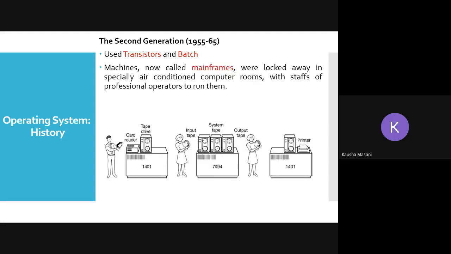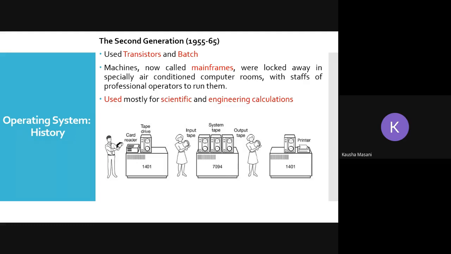Machines were now getting called mainframes, and they were now in air conditioned computer rooms. Previously they were just vacuum tubes and plug boards, so you did not need any special room for them. But now, as we are using transistors and batch system, we are calling them mainframes, and they needed special air conditioned computer rooms, with professionals who are running those computer systems or the special program.